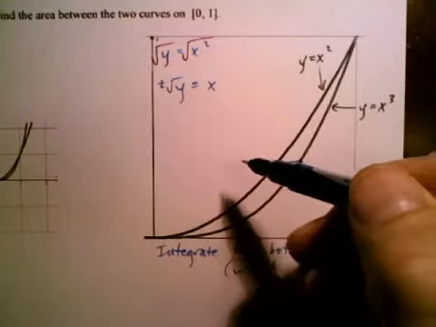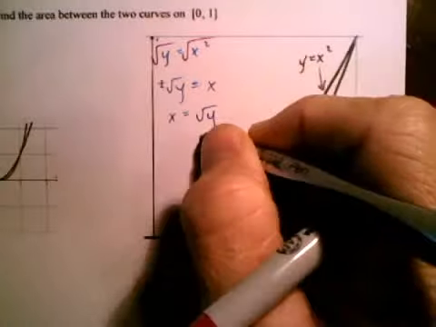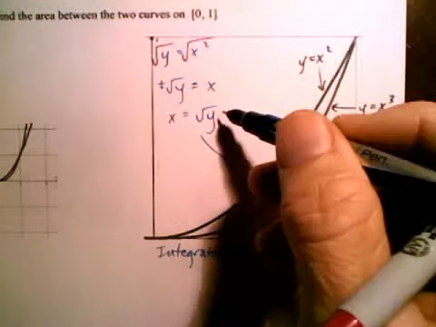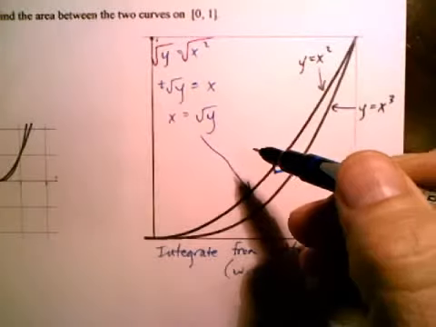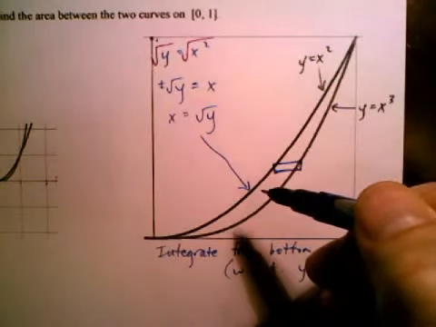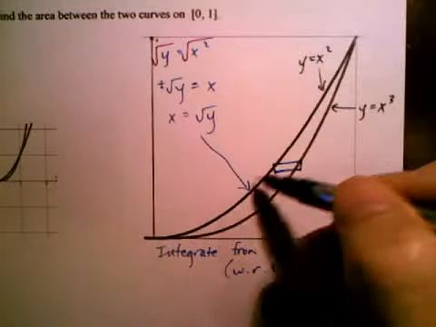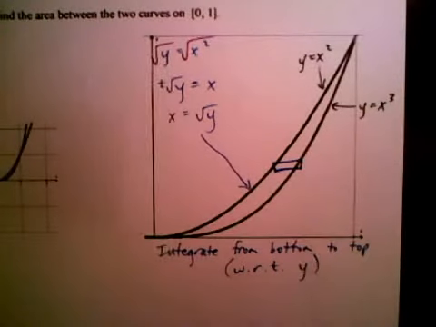We have to use only the positive. x equals the square root of y is this guy here, because when x is 1, y is 1, or when y is 1, x is 1. If we use the negative one, we get negative values for x. That's not going to work here, because we can see all these values here are in the first quadrant, positive, positive, x and y.